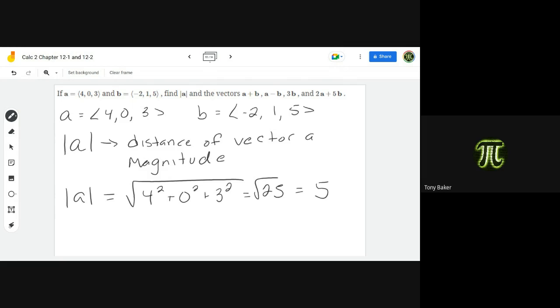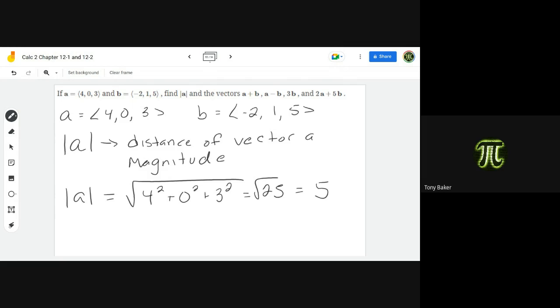I'm not looking for the magnitude of A to B. I'm just looking for A. That's why I'm not subtracting anything in this situation. The vector, by definition, does the subtraction already for me. Does that make sense? Good.